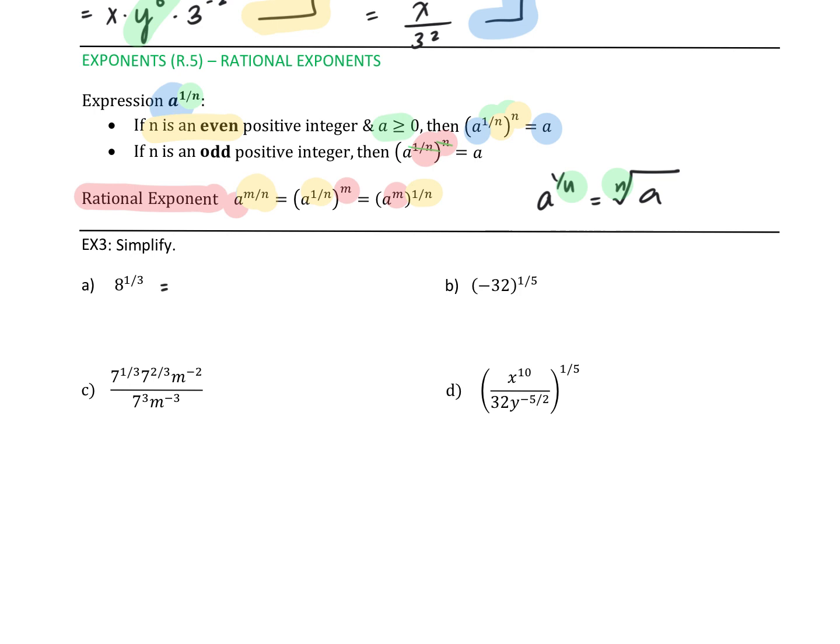So this here means the cube root of 8. And what is the cube root of 8? Well, that's going to be 2. Again, what is the cube root asking? What times itself gives me 8? So we have to figure out what times itself, how many times? 3 times would give me 8, and that answer is 2.